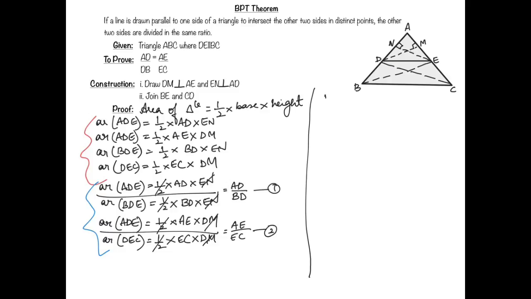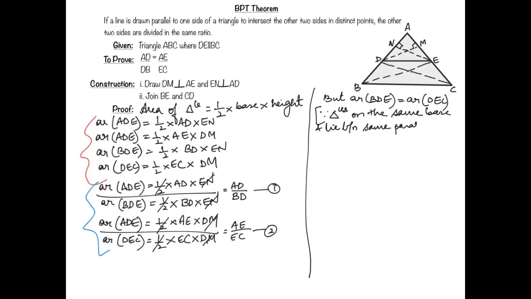Therefore, area of triangle BDE is equal to area of triangle DEC, and we write the reason: triangles on the same base and between the same parallel lines are equal in area.